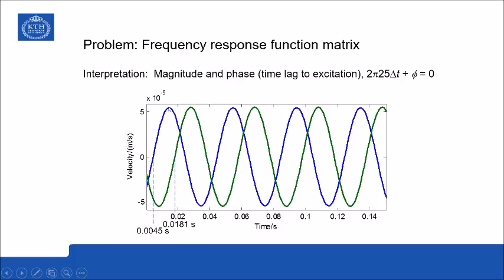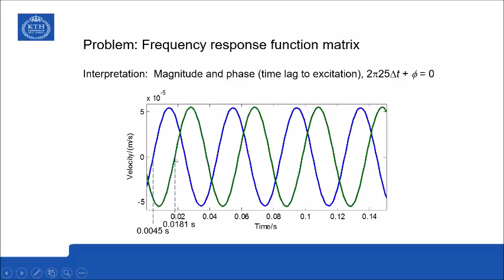That, well, if the phase shift were pi, then this would be shifted to be in opposite phase. So this peak would then coincide with this valley here. But now, if it were exactly pi over 2, then this peak here would coincide with this point where the green curve is 0 here.